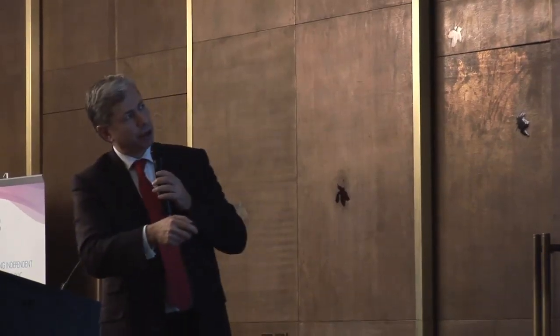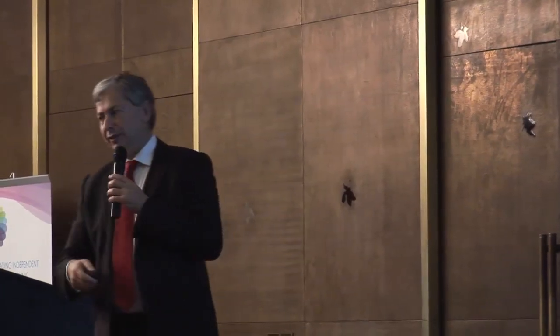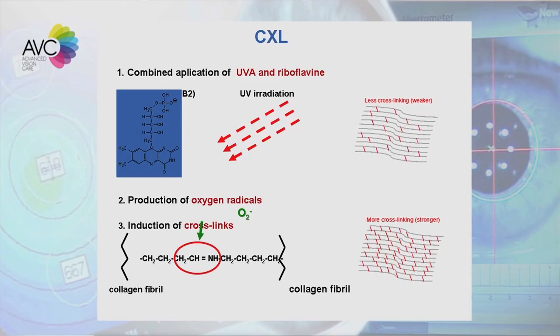The treatment is that we are now using riboflavin. We are infiltrating the cornea with this molecule, and then we are using UV irradiation, UVA, to produce oxygen radicals. Actually, this is what we are always afraid of, UV light on the cornea and eye, but in this case we want that.